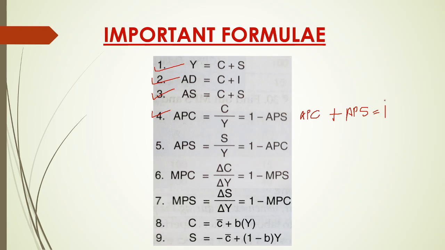Next one is APS. APS is equal to S by Y and also 1 minus APC. So APC plus APS equal to 1. If we need to find out APS, we have to subtract 1 minus APC; we have to take this to the right side. Then MPC. MPC is del C by del Y, and also 1 minus MPS.